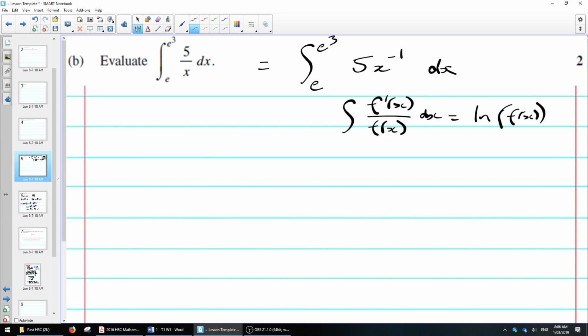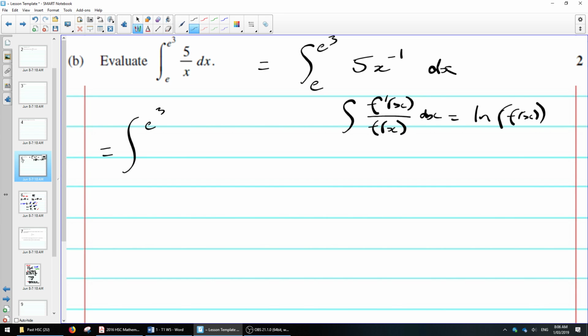I can either make the bottom be 5x, so I change my goal to be 5, or I can change the numerator to be 1. Yeah, you can multiply by 1 over 5, or we could multiply top and bottom by 5. So go from here.